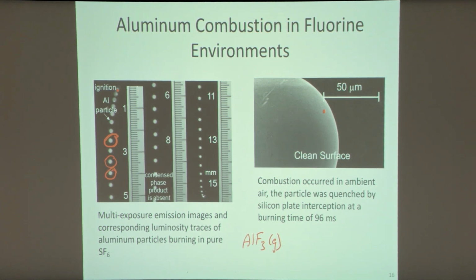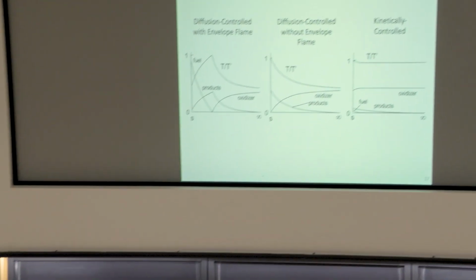And what's also been observed is there's a reaction with the fluorine that will actually reduce the oxide layer itself. So at very low temperatures, you can start a very slow exothermic reaction that removes the oxide layer, and then the fluorine can go directly to the aluminum itself, which would be a very fast reaction.